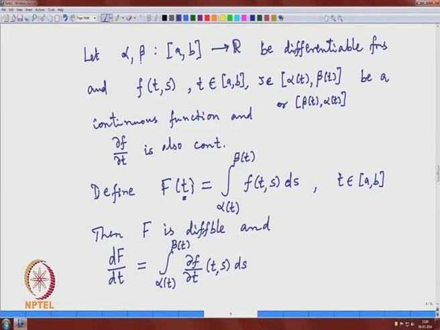Okay. And now, since the limits are themselves variables, we get some additional terms, and these are like this: f of t, beta t times d beta by dt.